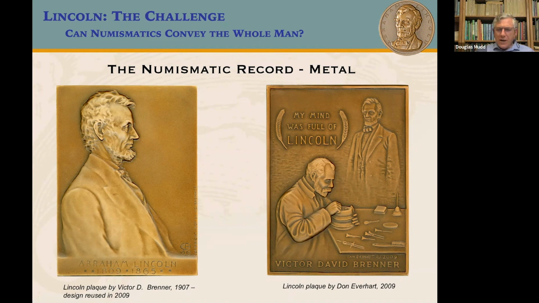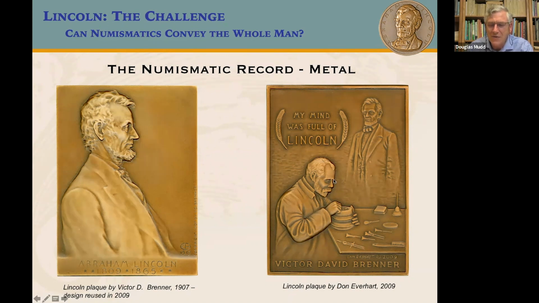Now, on the right, we have Don Everhart's plaque. Here you have an interesting image of the engraver engraving a model for the plaque, basically. But you have Lincoln in the background as the spirit or muse that is inspiring Victor David Brenner. So it's quite an interesting piece.